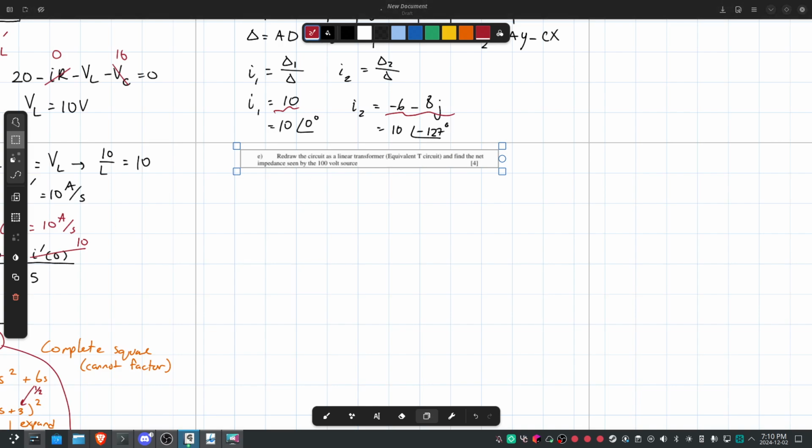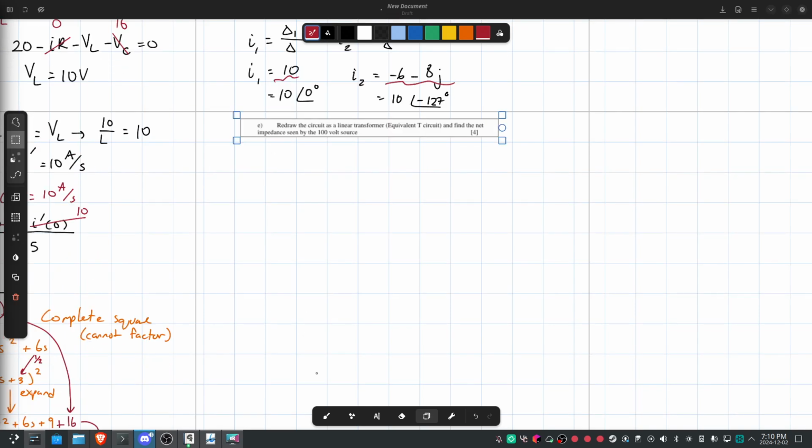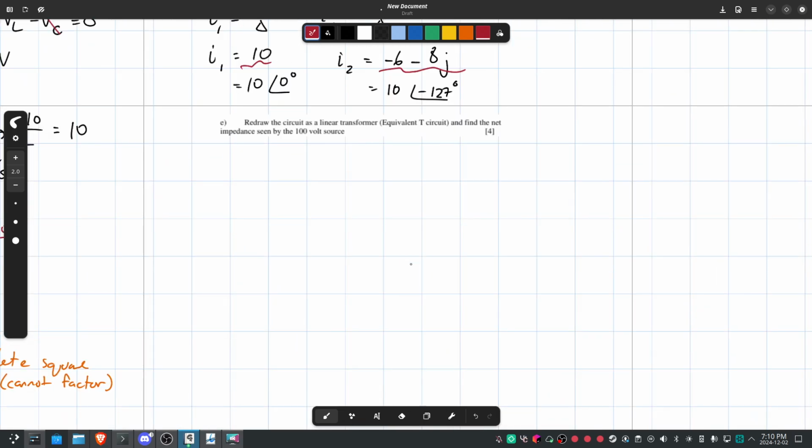Were we taught the pi circuit, or just the T circuit? I haven't been to a lecture since after mid. None? Wait, you guys haven't been taught any equivalent circuits at all?